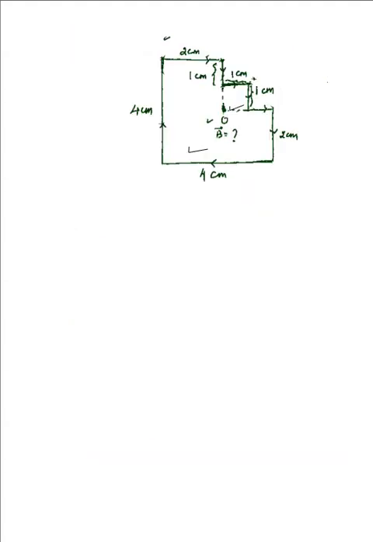Now, as you can see, the bigger square is 3/4 of that quadrant. So 3 over 4 times 1 over root 2 times mu naught I over pi times a. a in this case is 4 centimeters, so I'm just using the term 4 over here.